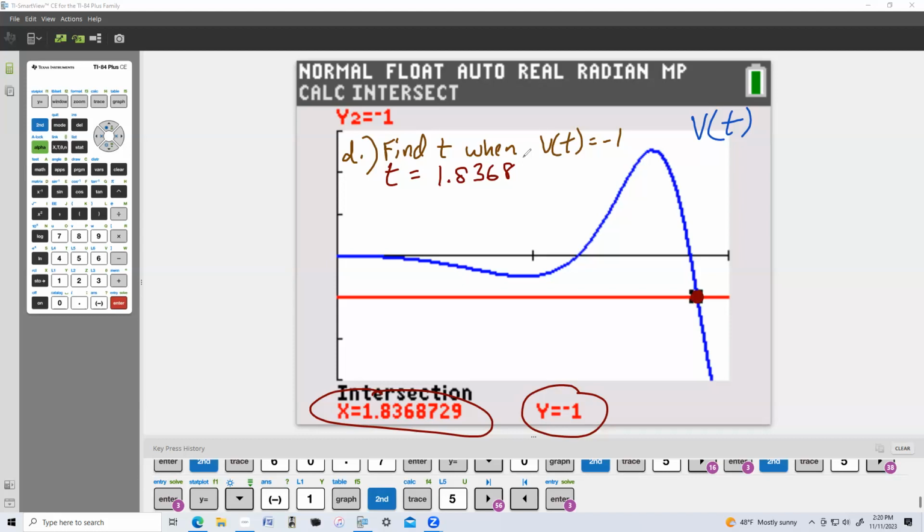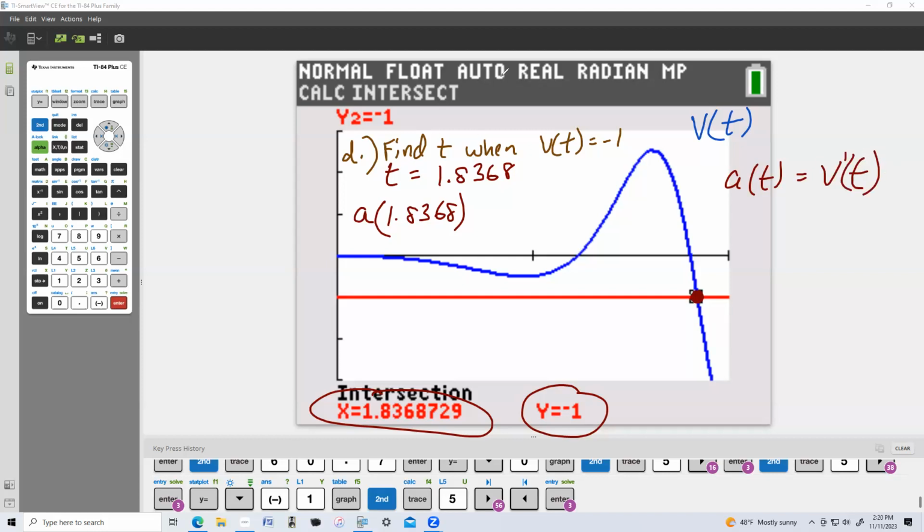So the final part of this, it says find the acceleration at that time. So now we need to find the acceleration when the time is 1.8368. Okay, so to do that, again, if we're looking at a graph of velocity, to get to acceleration, we have to find v prime, which is the derivative.